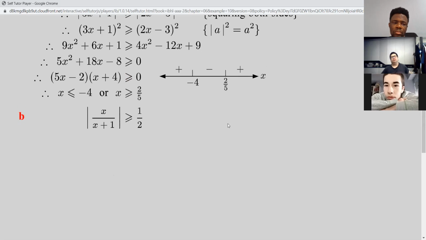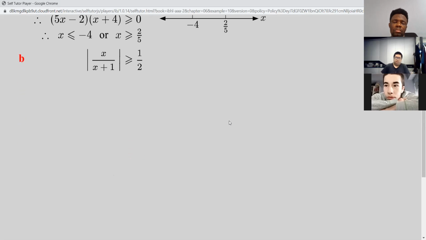These are the solutions to the original inequality. In part B, the absolute value of the fraction is greater than or equal to 1/2. You might be tempted to try to solve this using the method of the previous example by separating the inequality into 2. If we did this, we could correctly say that the fraction must lie between -1/2 and 1/2 inclusive. However, we would at some point need to multiply throughout by x plus 1, and we cannot do this because we do not know whether x plus 1 is positive or negative. So we instead rely on knowing that both sides of the original inequality are non-negative, and we square both sides.